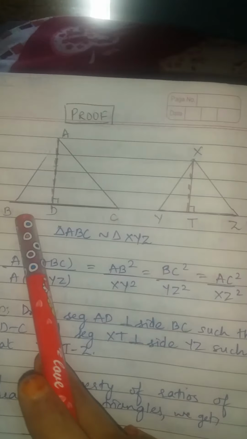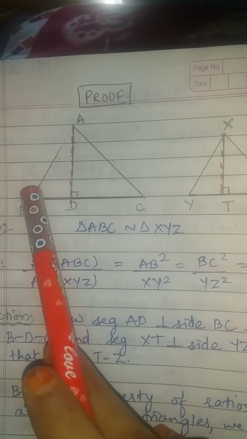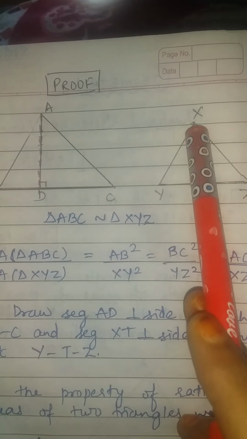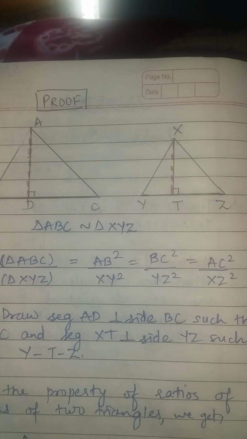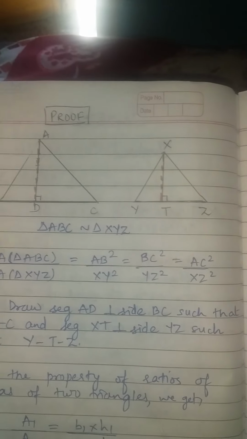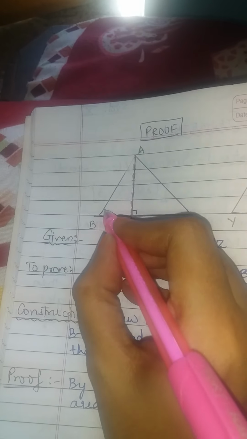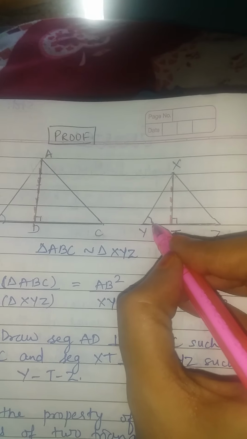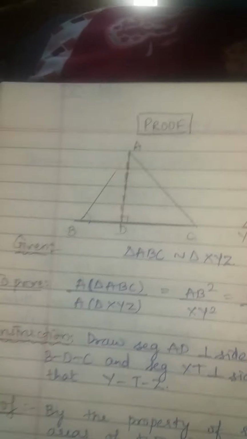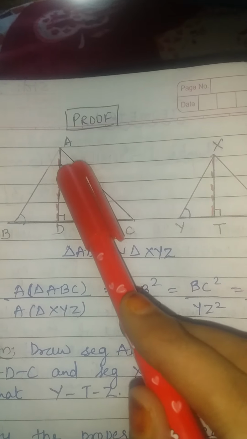So if angle B is congruent to angle Y, we can write it in other form as angle ABD is congruent to angle XYT. This is one angle. And the second angle is, of course, you can see the two right angles by construction.